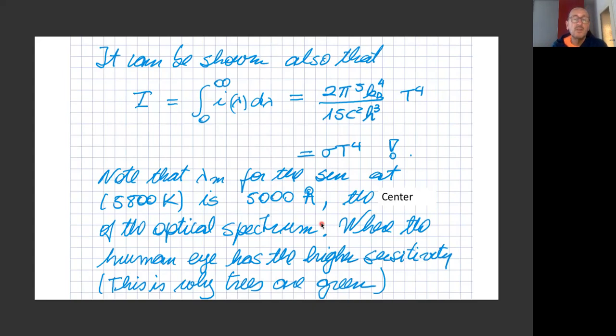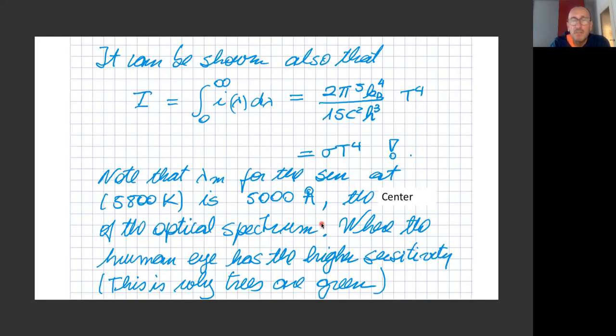So it's no surprise that humans have adapted over the millennia, over several million years or several thousand years, of the man working on Earth, and different species than us, and the human eye has its highest sensitivity exactly at that color.